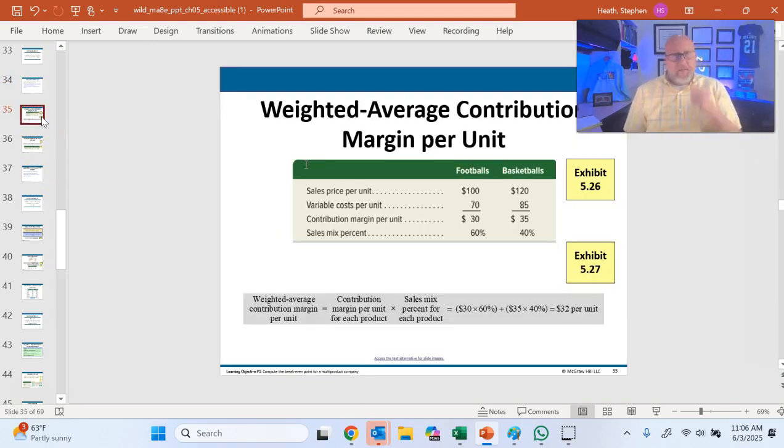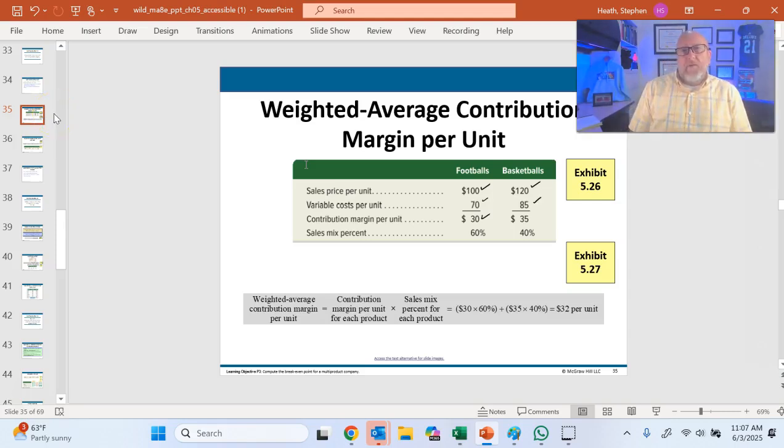Okay, so again, like I said, we're selling footballs and basketballs. So the sale price for footballs, $100. Sale price for basketballs, 120. The variable cost for footballs are 70, and therefore we're making a contribution margin of $30 per football that we sell.